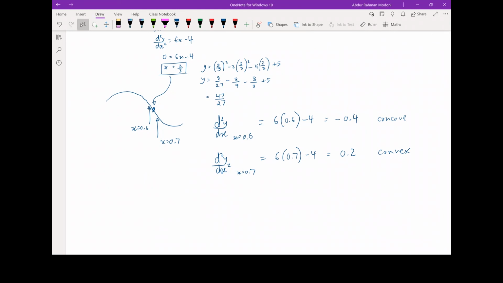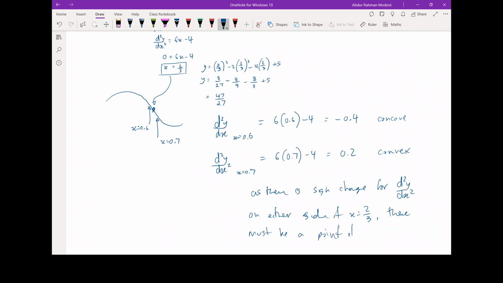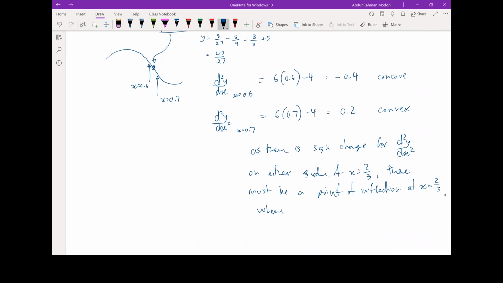Okay, so you need to write a final statement: as there is a sign change for d²y/dx² on either side of x = 2/3, there must be a point of inflection at x = 2/3, where d²y/dx² is equal to 0.